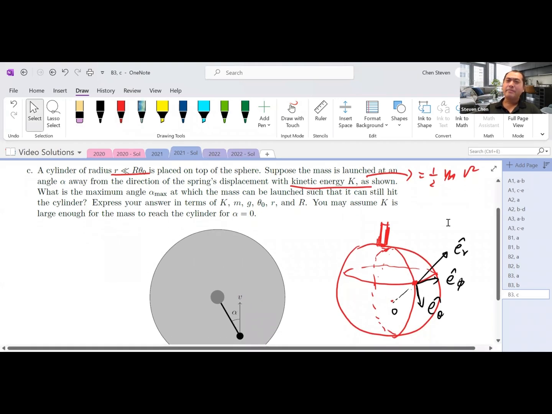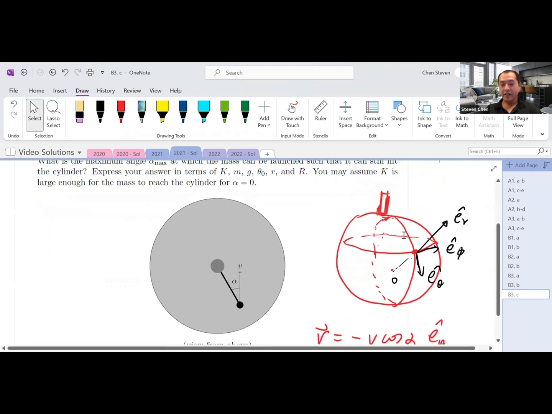What that really means, let's think about it. Why can you hit the cylinder? In what sense? Suppose I fix v, fix the speed. If alpha is 0, then your initial movement direction is along the longitude direction, right? So you move directly towards the cylinder, and you could hit it, right?